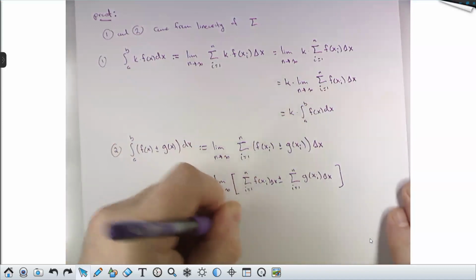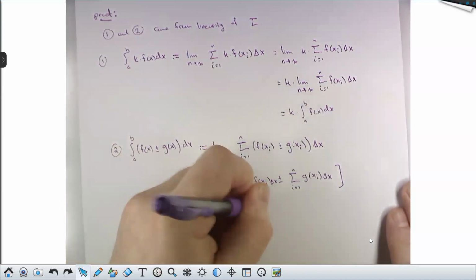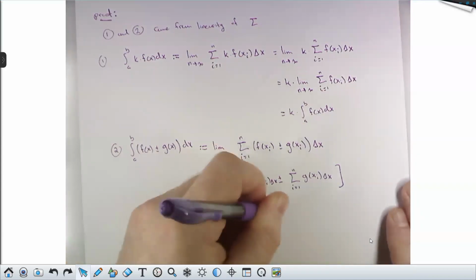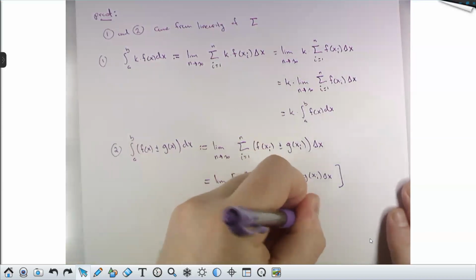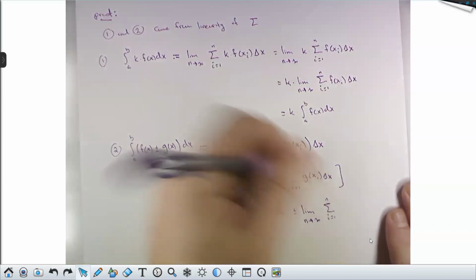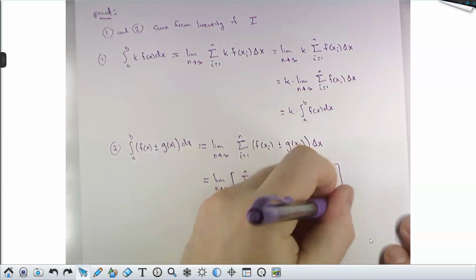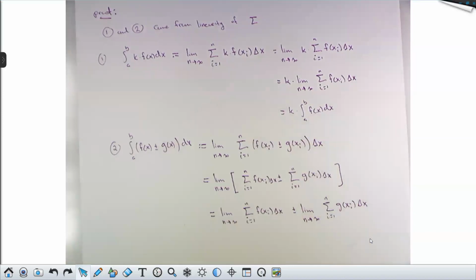So you get lim n to infinity, sigma i from 1 to n, f of xi times delta x plus or minus lim n to infinity, sum i from 1 to n, g of xi times delta x. And each of those on their own are the integral of f from a to b plus or minus the integral of g from a to b.